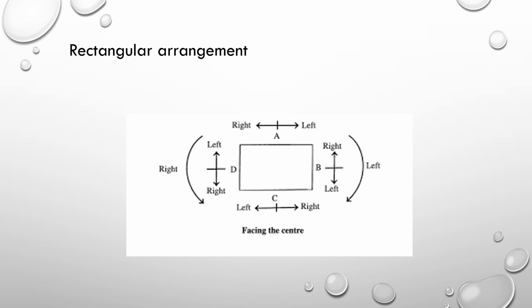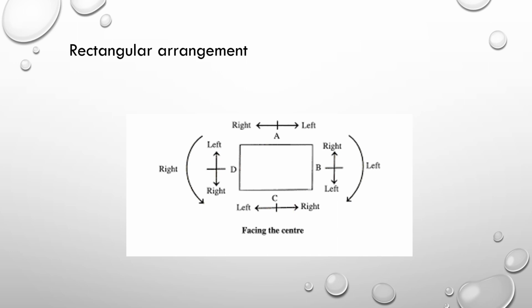Now you can see through the diagrammatic way here the rectangular arrangement. You have to be specific with the east, west, north, south directions. And if all the people are facing towards the center, you have their left and right directions indicated.